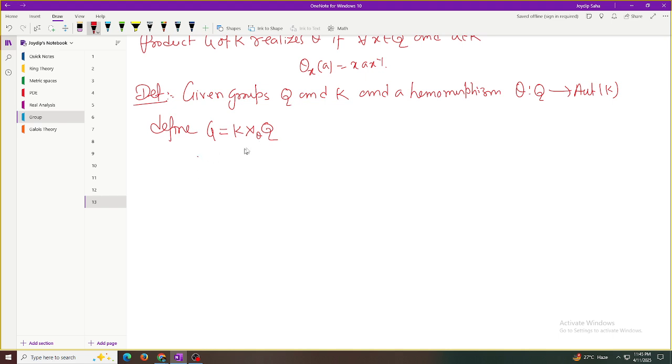The set, what is the set? Just the Cartesian product, but the operations are different. The set is the Cartesian product, but the operations are different.